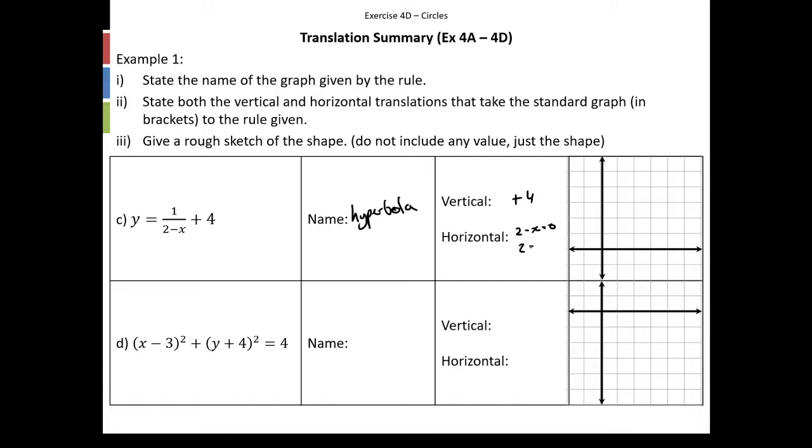So we get 2 equals x, which means our h is equal to 2. So x is equal to 2, y is equal to 4. It's a regular hyperbola, so up in there, something around there.